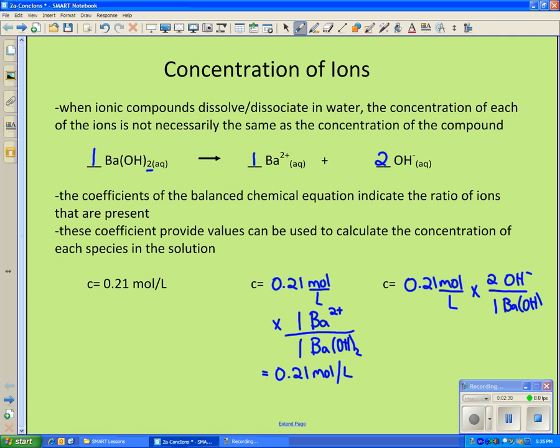So what we want, the hydroxide, will always be on top. So 0.21 times 2 over 1 gives 0.42 moles per liter. So the concentration of the hydroxide ions is not the same as the barium ions in this solution. And that's because of the ratio of the ions from that original formula unit.